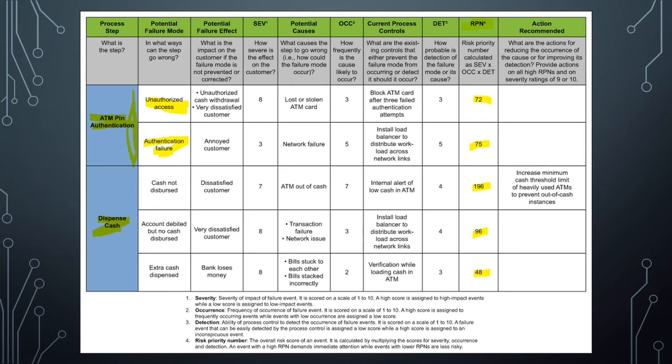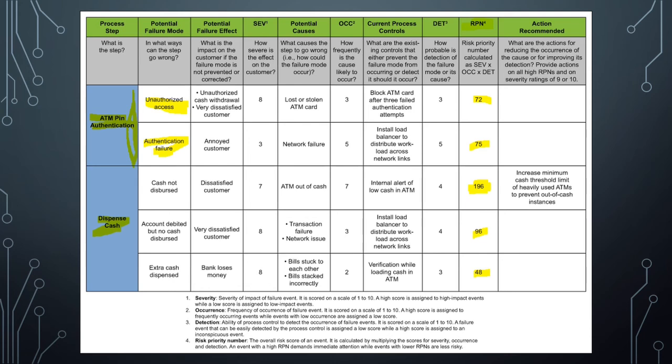And so by large, that is this, that the cash would not be dispersed, and we're saying that the cause is the ATM is out of cash. So there's a high chance of that happening, and a high risk rather. This would be the one that you would really want to focus on mitigating. So what action could we take to prevent this from happening?